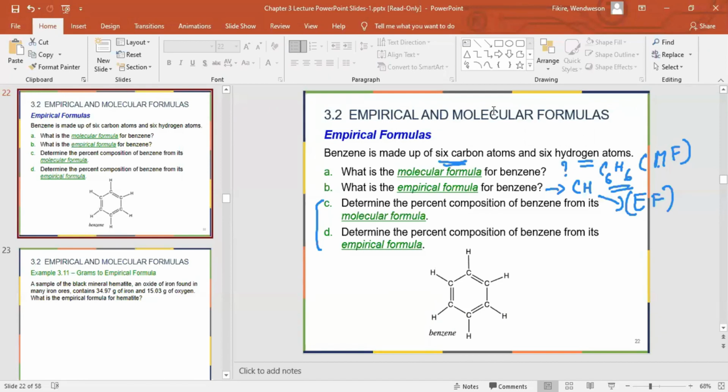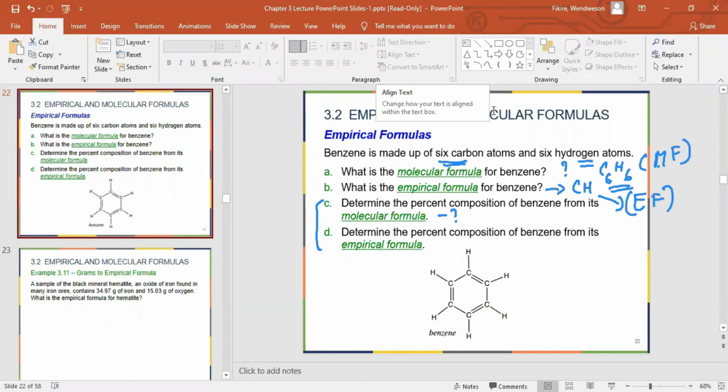Let's go ahead and determine the percent composition of benzene from its molecular formula first. Quick question though, isn't it going to be the same? I mean, the percent composition from the molecular formula and the empirical formula, the percentages never change. I don't think so, Marcus.